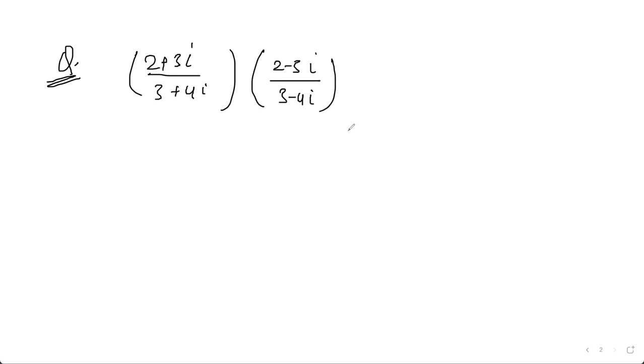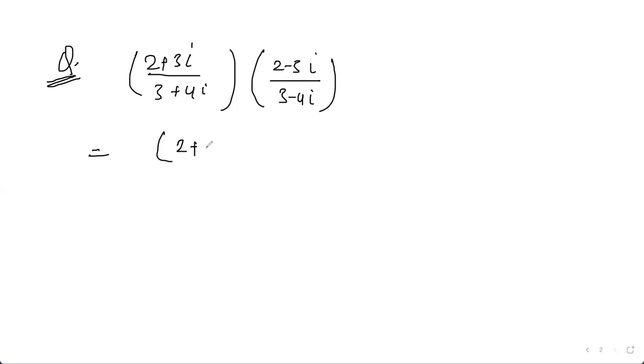Purely real: how can we conclude that this is purely real? If the imaginary part becomes zero, then we can say that this complex number is purely real. So let's proceed and evaluate this.